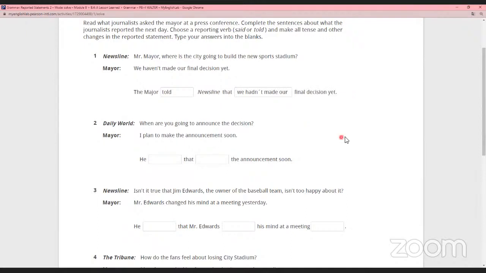All right, so let's continue, please, with point number 2. Okay. When are you going to make the decision?